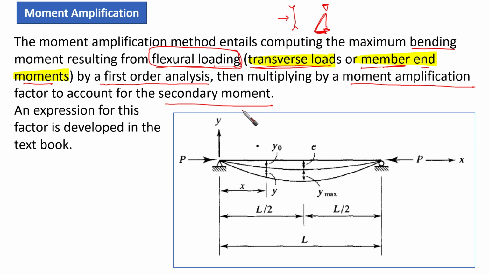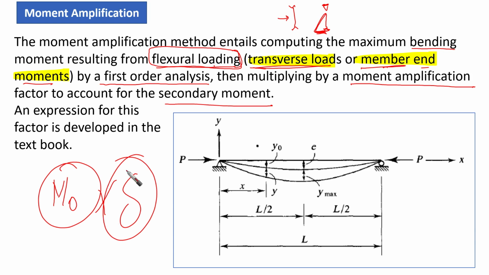As I said, we are going to find M node and then multiply by a factor. This factor is what we call the moment amplification factor. It takes into consideration the effect of the eccentricity that is going to take place on the elastic line of the element due to the axial forces and the bending moment, the transverse loading if we have it, or the bending moment at the ends, as we are going to see in different cases.